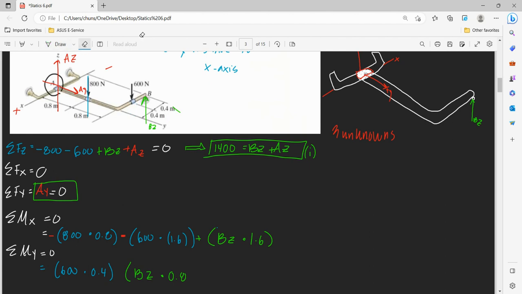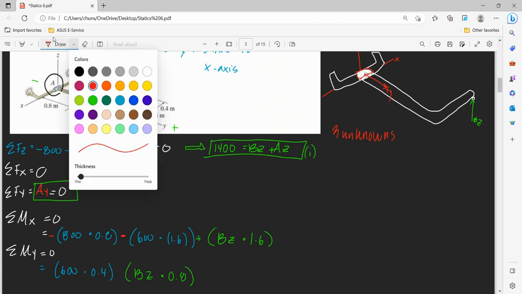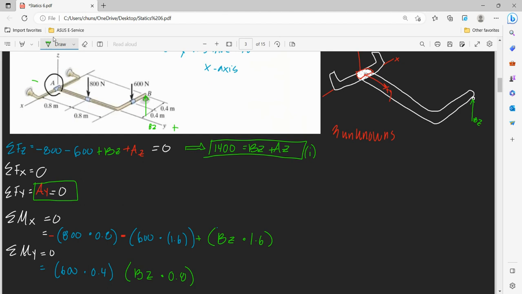Okay, and now we're going to talk about our direction. So we said that this was our positive, we just keep that there. We said this was our positive y and this was our negative y direction. So by that standard, if we again point our fingers along with our BZ, so this is an open palm here.